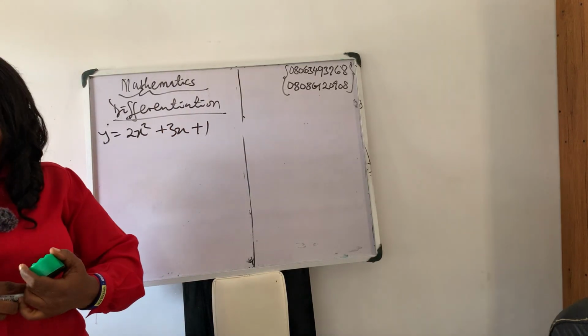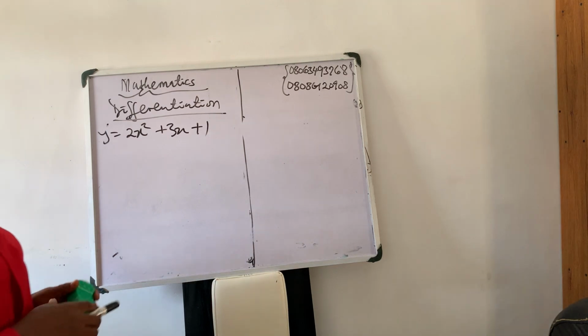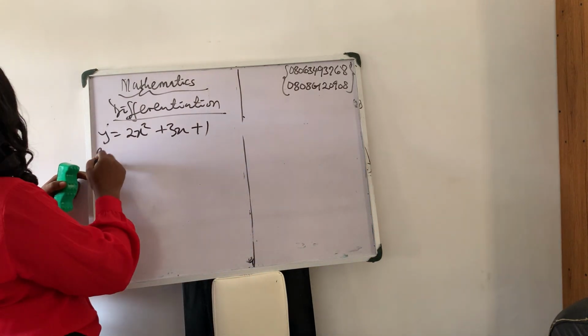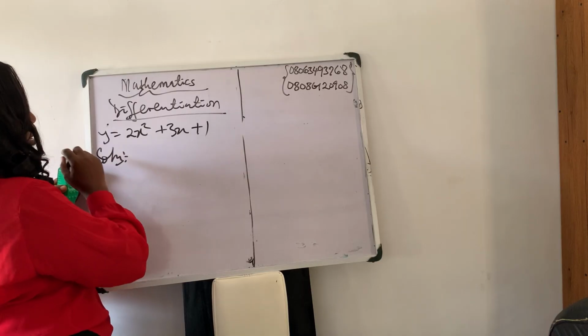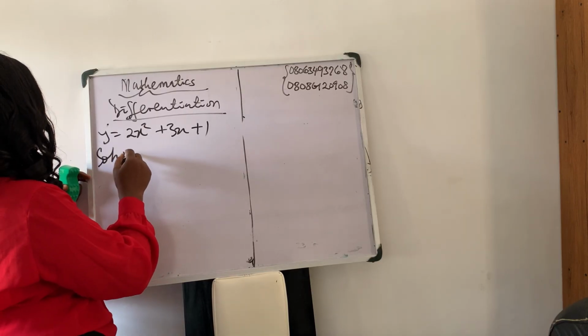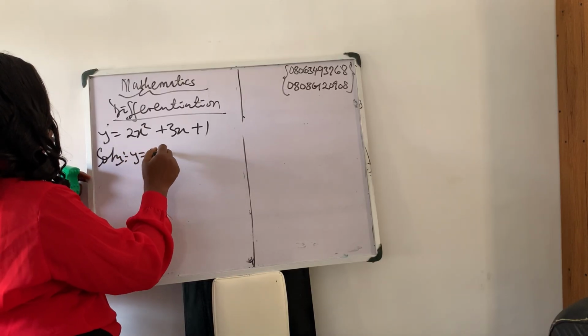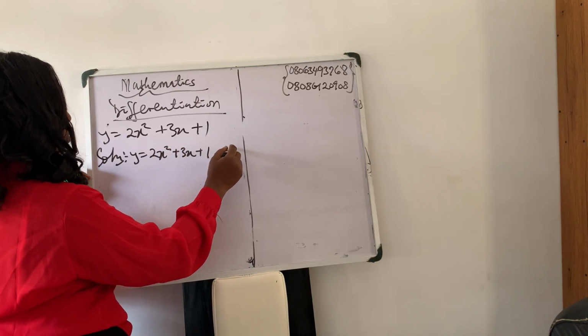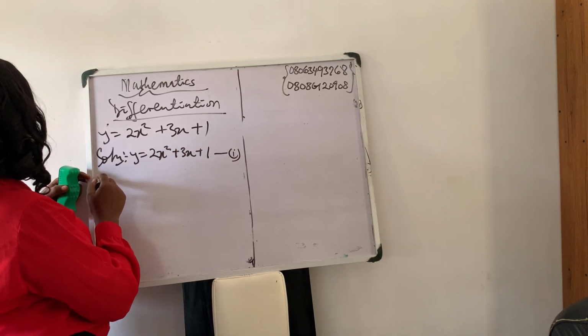So we're equally going to use the first principle to differentiate this. Now, y equal to 2x squared plus 3x plus 1. This is equation 1.